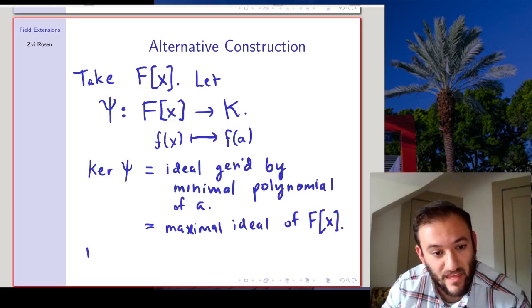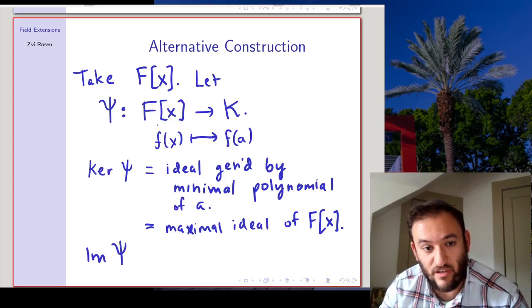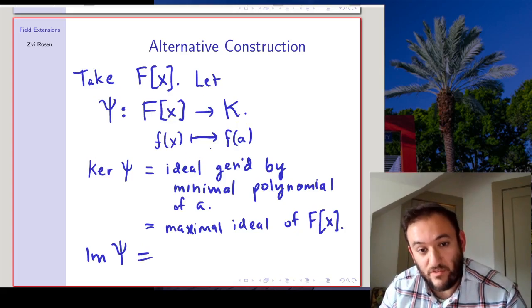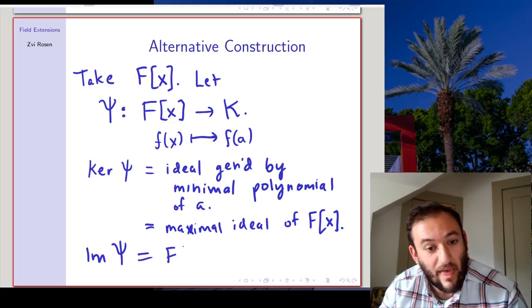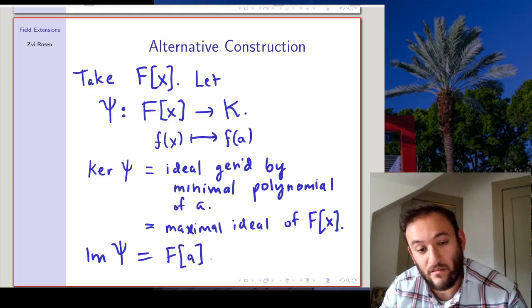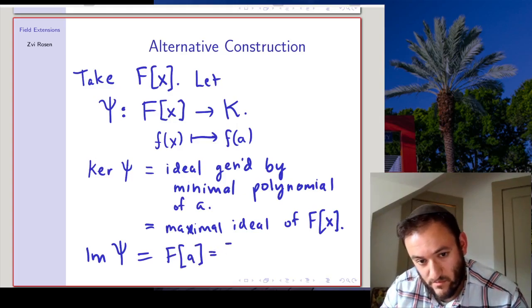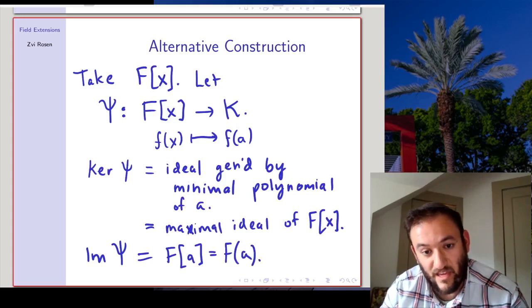As for the image, what's the image of F[x] into K if we're just mapping to polynomials of a? That's going to be precisely F(a).